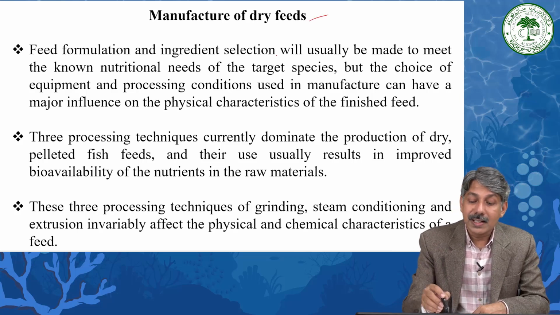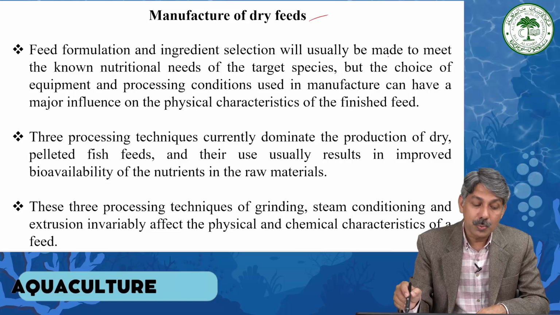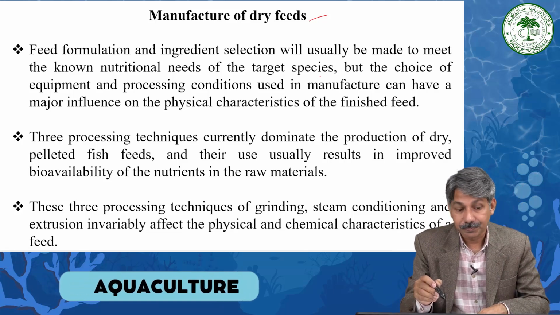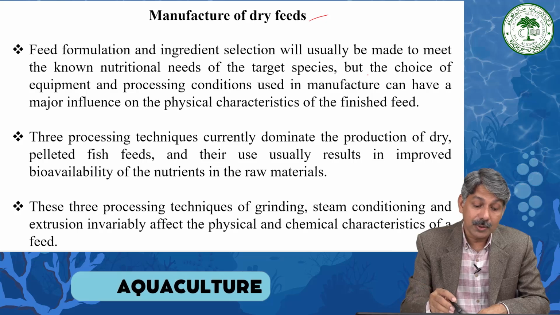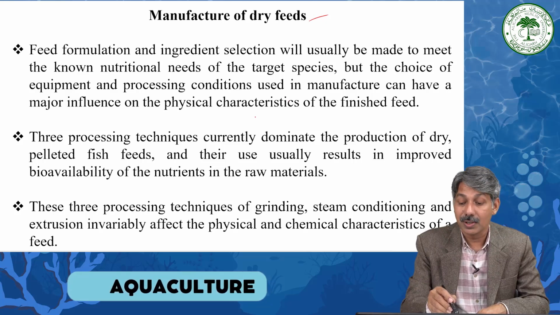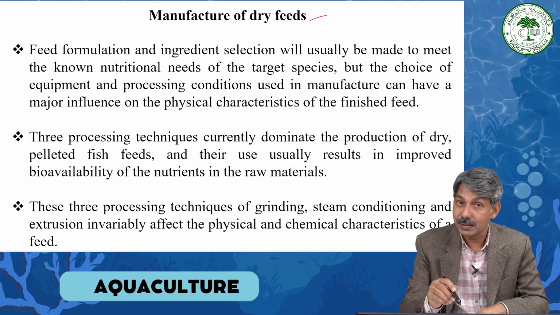Feed formulation and ingredient selection will usually be made to meet the known nutritional needs of the target fish species. But the choice of equipment and processing conditions used in manufacture can have major influence on physical characteristics of finished feed.